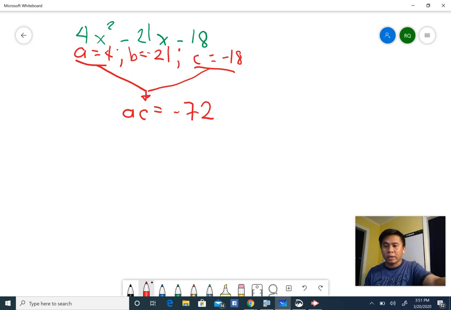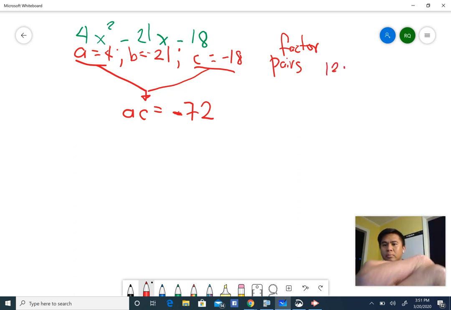The next thing to do is to get the factors of negative 72. So the factor pairs are as follows. It can be 12 times negative 6, or negative 12 times 6.